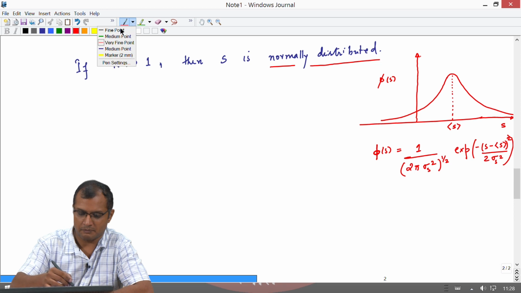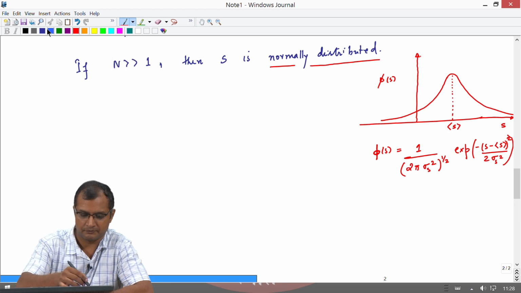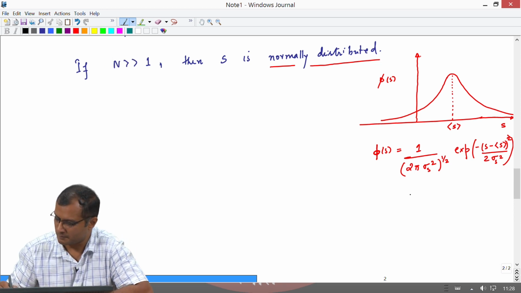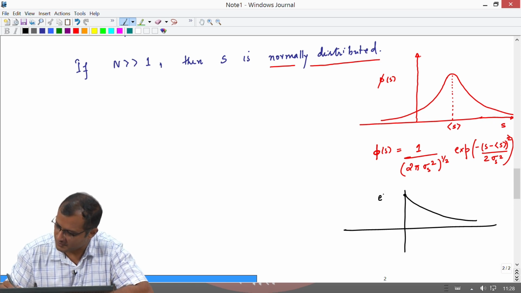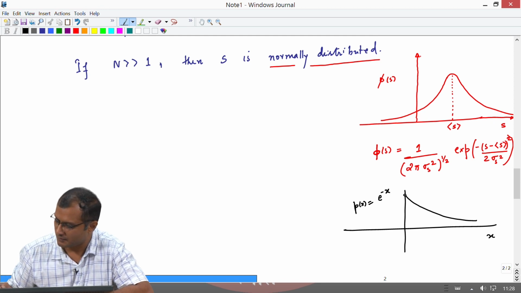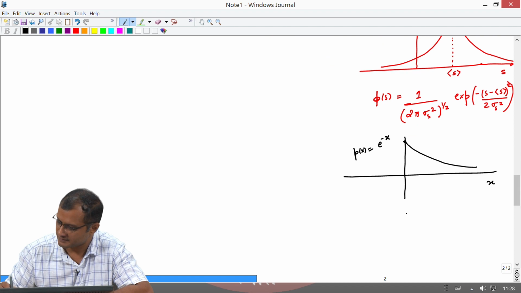So, let me also plot P of x. You can take any P of x. Okay, so you could take P of x as an exponential distribution if you like, or you could take P of x as a flat distribution, does not matter.